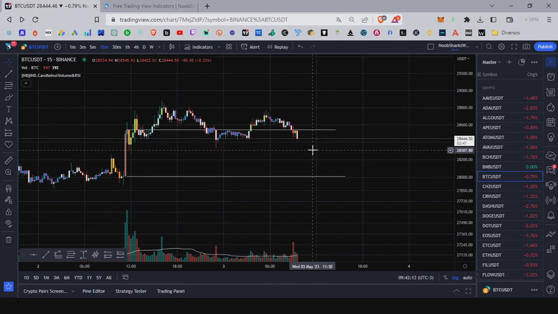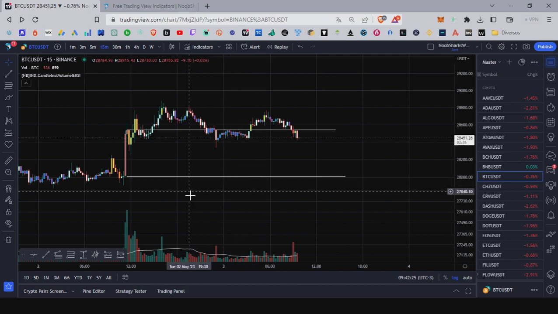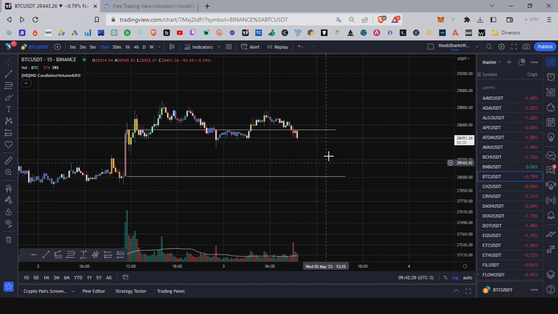When the price breaks down, this is a very interesting region to start placing longs or buying, okay? Because maybe we can see the retailers working here while the whale is accumulating, and suddenly the price might go up.